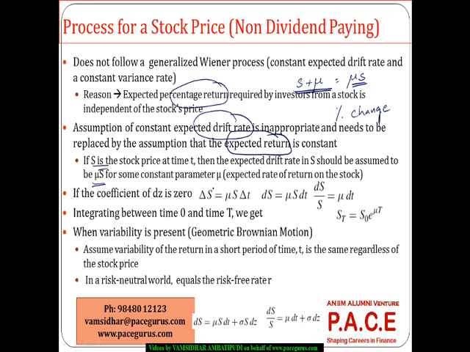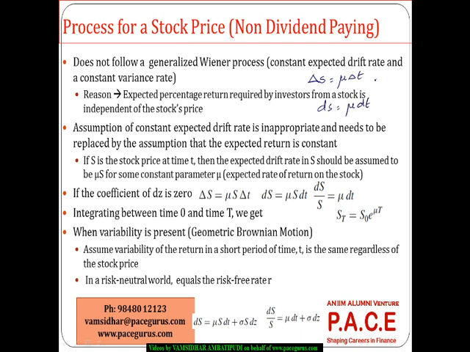modeling the stock price, I need the change in the stock price to be mu S times delta t. I don't want it to be mu delta t. If it is a generalized Wiener process, then delta S is mu delta t, ds is mu dt, of course ignoring the random term b dz, ignoring the variance term.